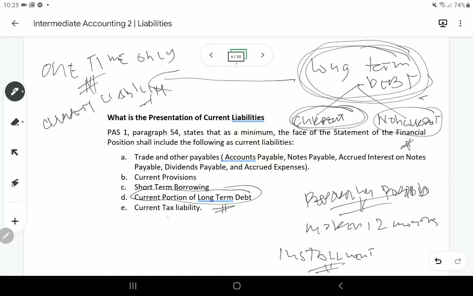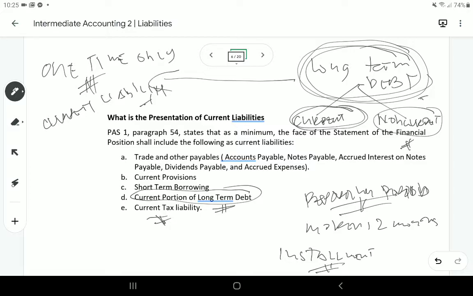Next is current tax liability. Those are payments of taxes applicable for the current period which are to be paid within 12 months after the reporting date. Okay?